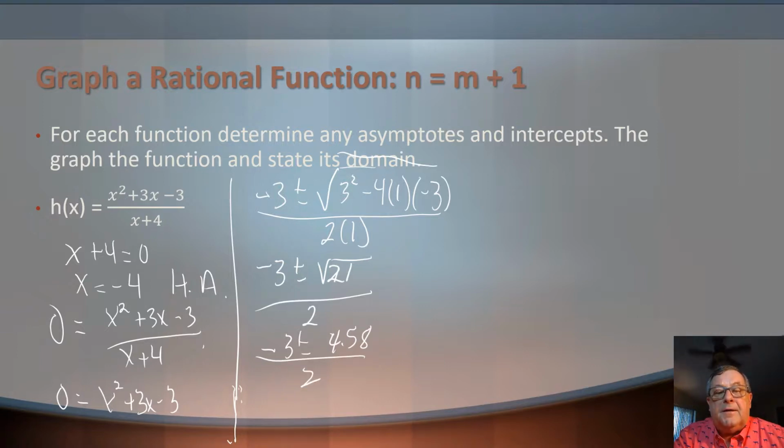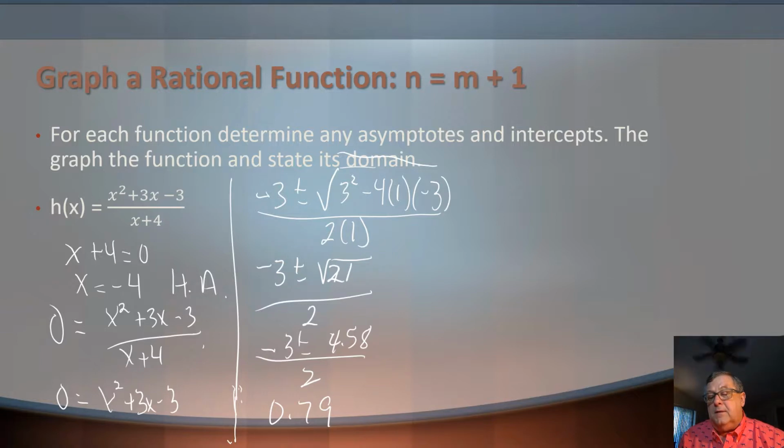Let's go with negative 3 plus 4.58, and then divide that by 2. We get 0.79. Does it tell us what they want to round it to? No. So 0.79 would be one x-intercept.